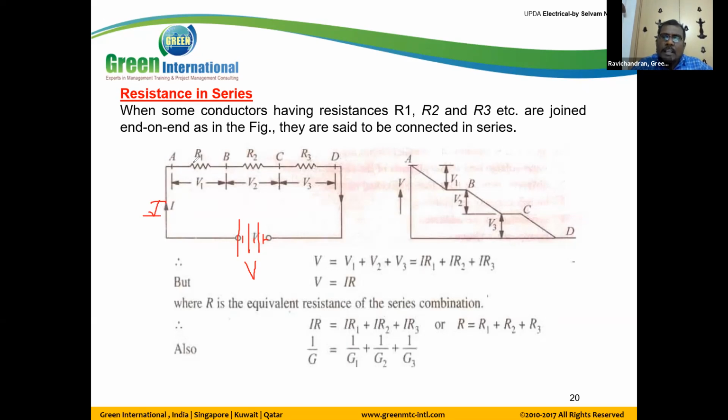Once again from Ohm's law, the voltage drop in the resistance R1 is V1, which is equal to I R1. Correct? And the same current flows through the resistance R2. Now, from Kirchhoff's voltage law, voltage rise is equal to voltage drop.